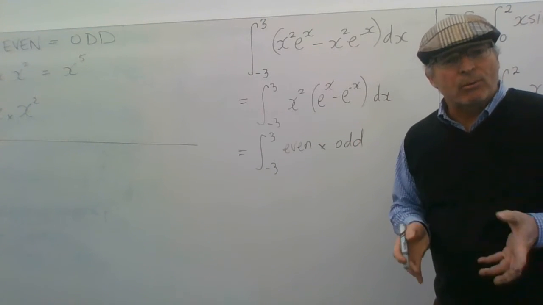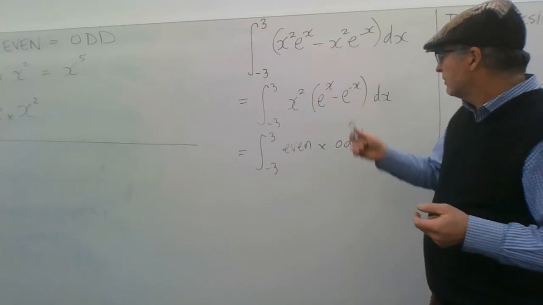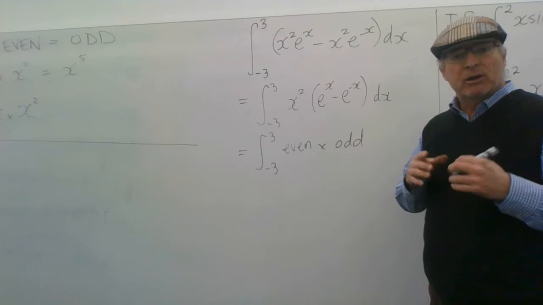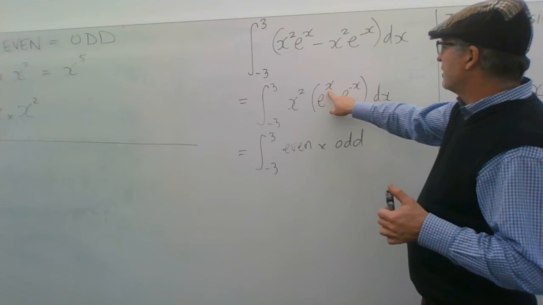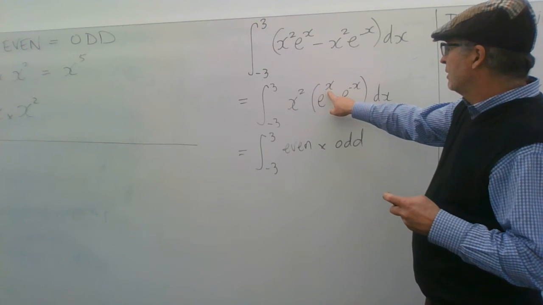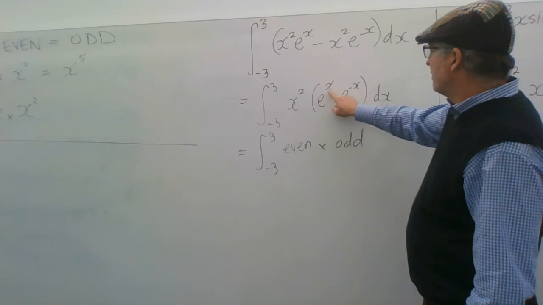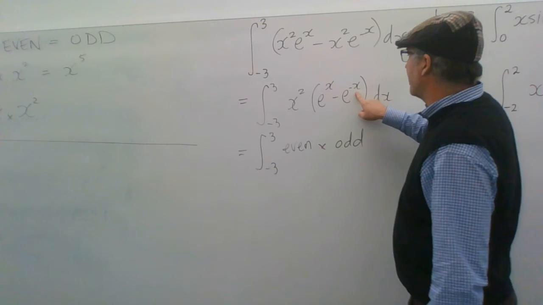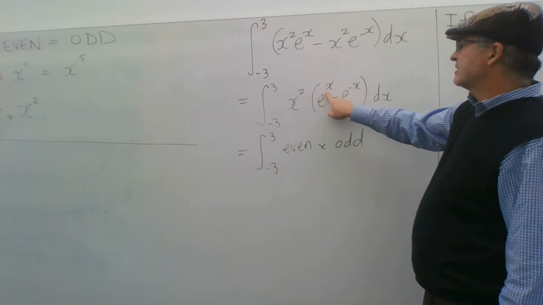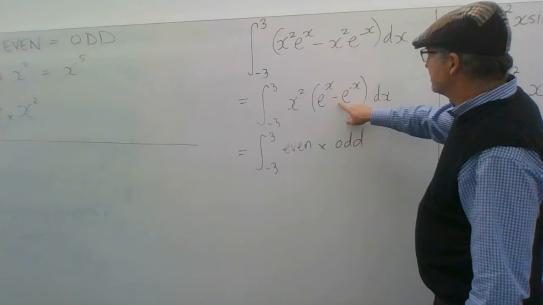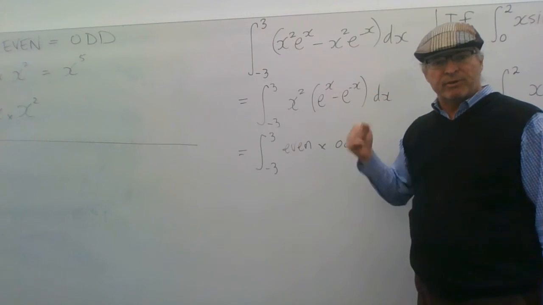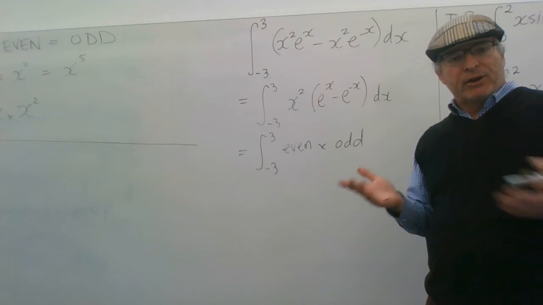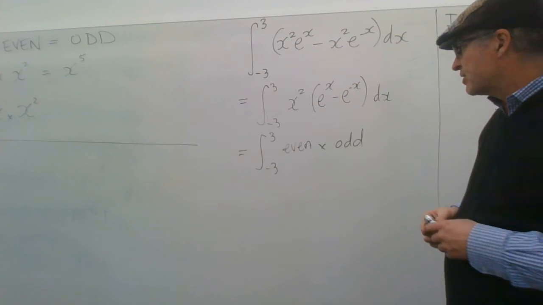How did I know that was an odd function? This one here. Because if I replace x with minus x in there, that'll be minus x, and that'll be plus x. So it'll be e to the minus x minus e to the x, which will be the minus of what's written there. So I could easily see that it was an odd function.